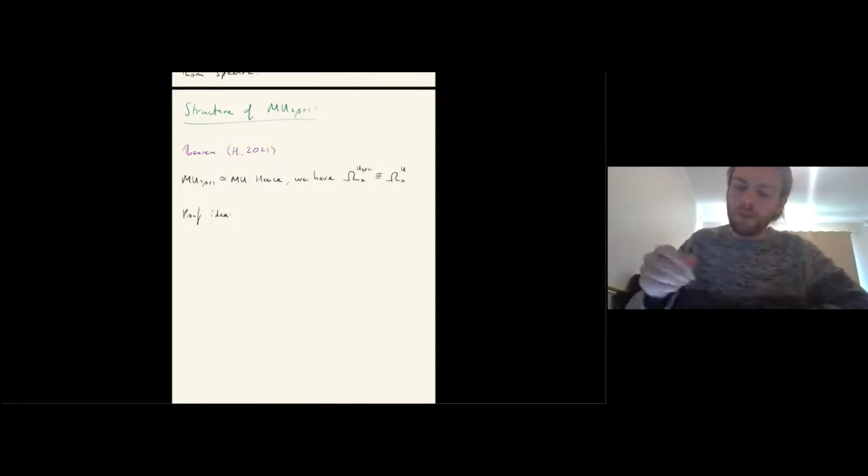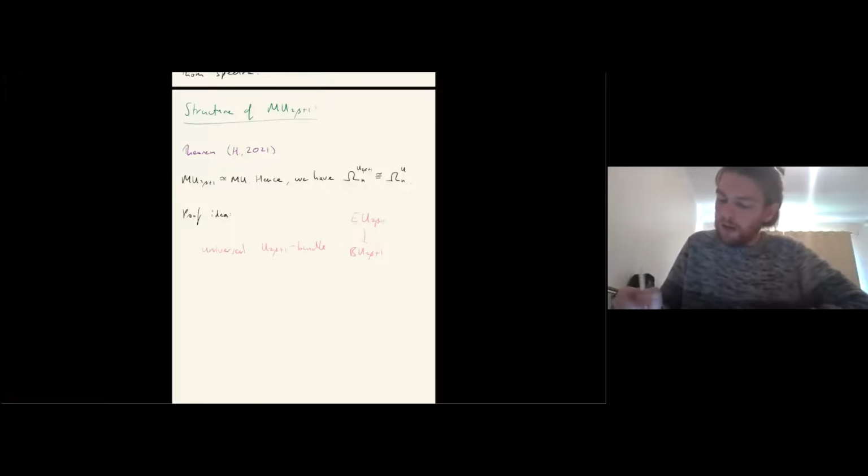The idea of the proof is that you take the universal U(2β+1) bundle, a bundle over BU(2β+1). It's classified by a map to BU since it's a stable complex bundle, and you can do this Geiger-Chiarella construction. One thing to note is that the first Chern class of this bundle xi is 2β+1.